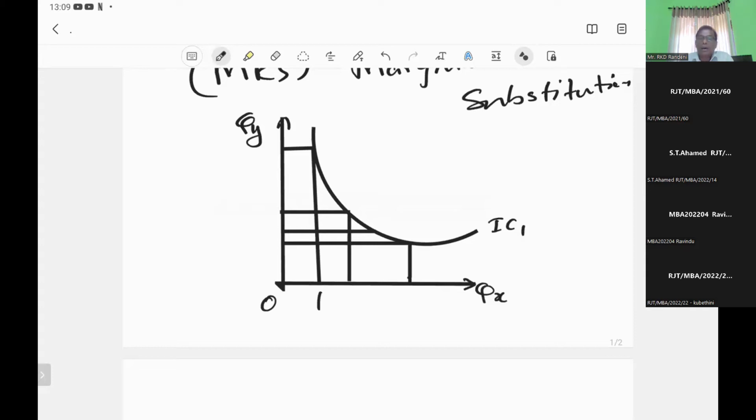Now we'll put here point A, point B, point C, point D, right? 1, 2, 3, 4.